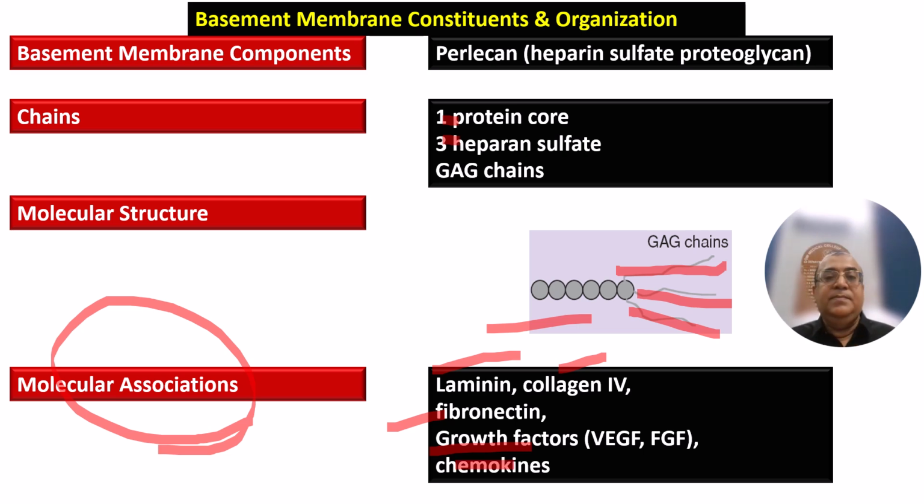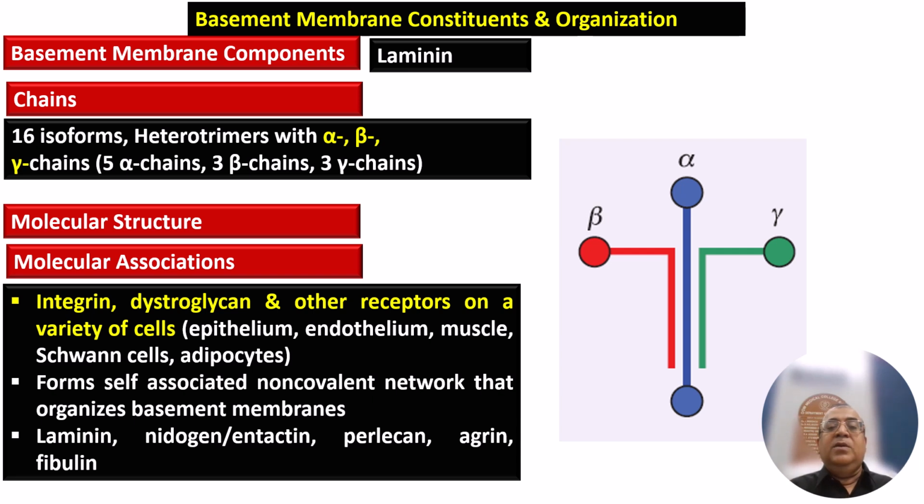The laminin has got many chains, alpha, beta, and gamma chains, and there are 16 isoforms of laminin that are tissue specific and function organ specific. They are heterotrimers with alpha, beta, and gamma chains.